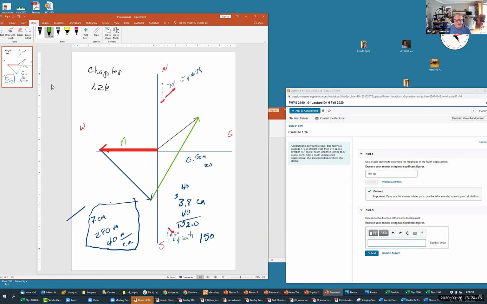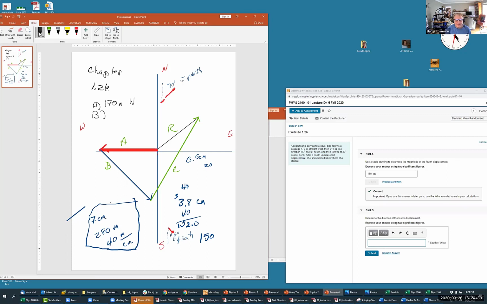So we might say A, B, C, resultant. So A is 170 meters west.